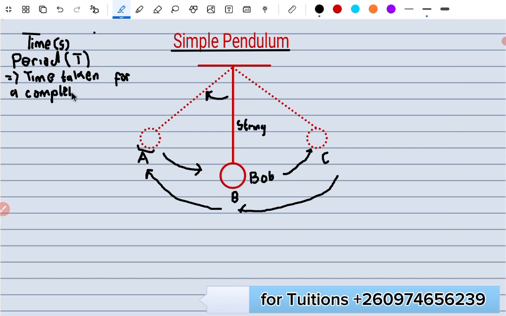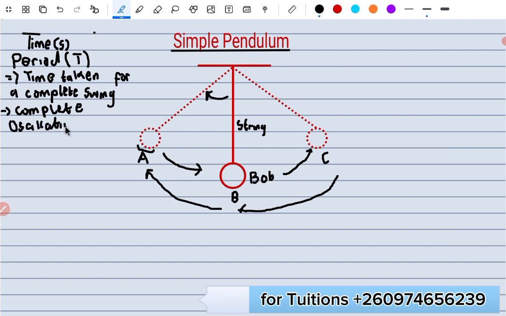So what is a complete swing? A complete swing is when the bob swings from A to B to C and back to A. Sometimes we say a complete oscillation.